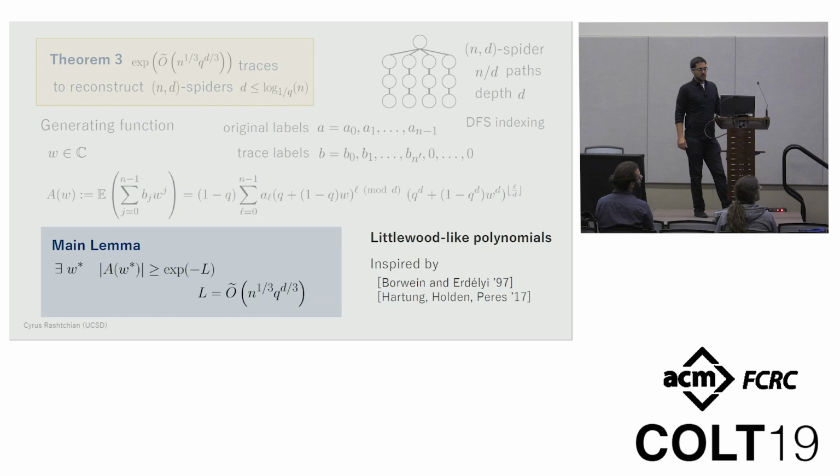The main lemma is that we analyze this polynomial and show that it's large, by showing that there exists some point, in the unit sphere or near 1, where this polynomial has a large modulus. The size depends on the bound we end up getting for the traces. This shows that we can distinguish two different spiders with good probability if we take enough traces.